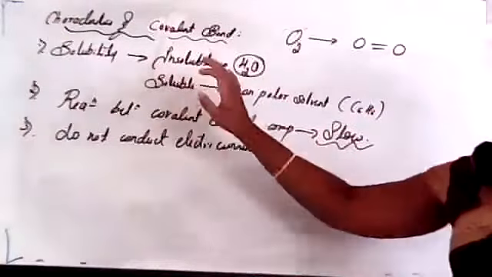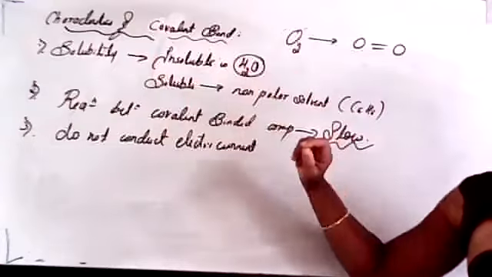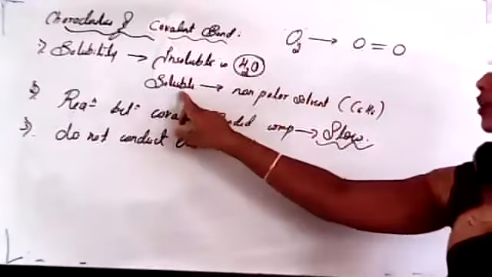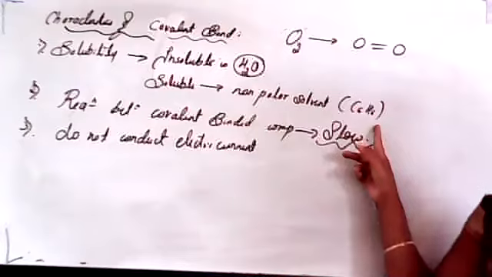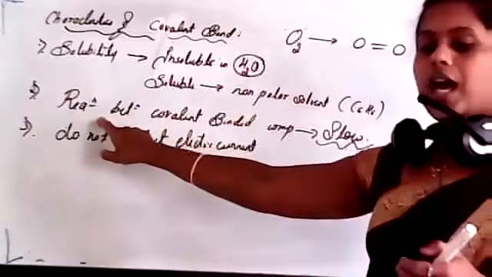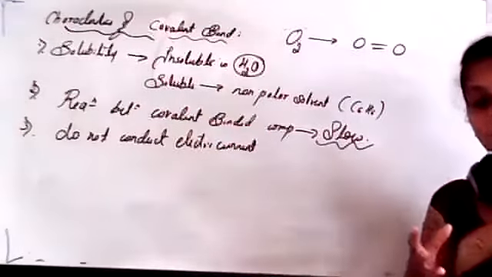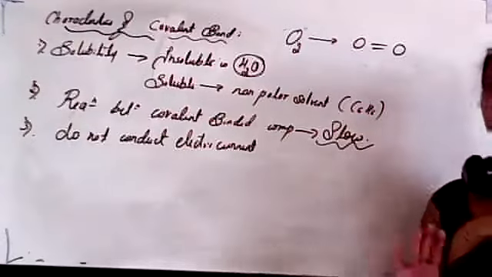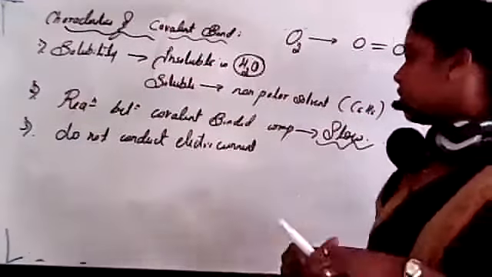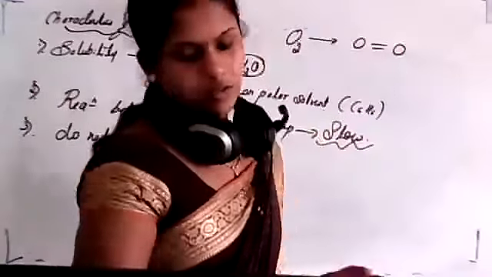First, solubility: it is insoluble in water or polar solvents, and soluble in non-polar solvents such as C6H6, that is benzene. Second, reactions between covalent compounds are very slow. And the last one, they do not conduct any electric current or electricity.